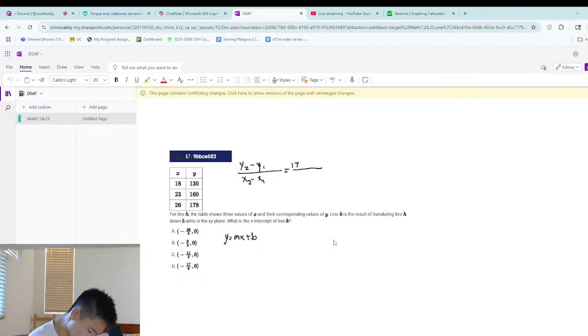That equals 30 over 5. The slope is 6. So now we have y equals 6x plus b.